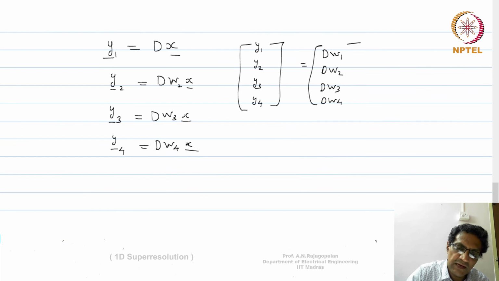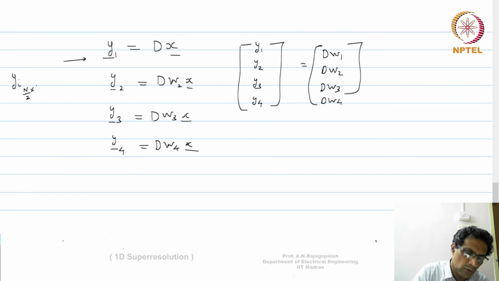Now each of these DWi's is of a size. If you're down by a factor of 2, then your yi has a size n by 2 into n by 2, which lexicographically ordered will be n square by 4. x lexicographically ordered is n square by 1, and D is n square by 4 by n square.